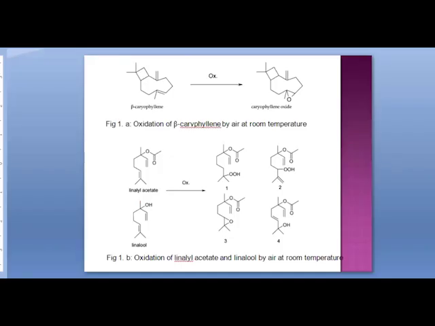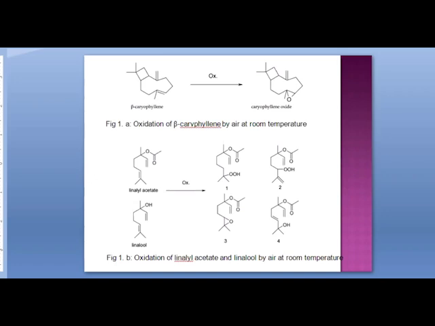We have linalool acetate and then linalool as well, and these easily oxidize. It's rare that you'll find them as pure essential oil. You will find them mostly as those that are actually oxidized.